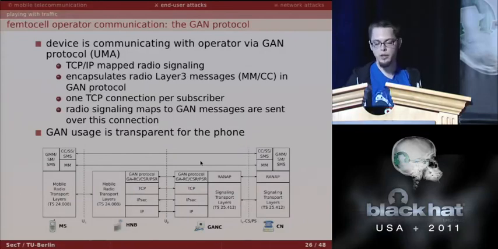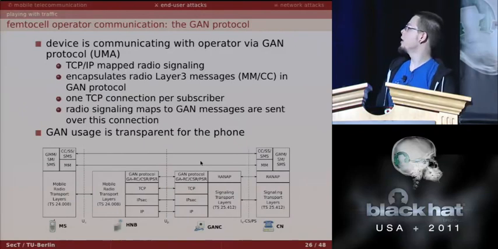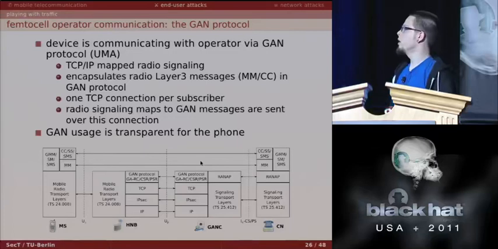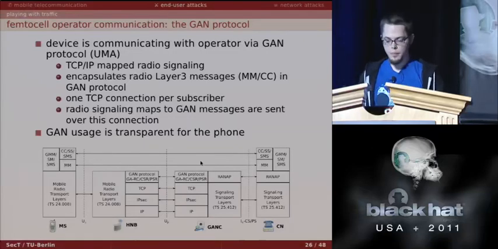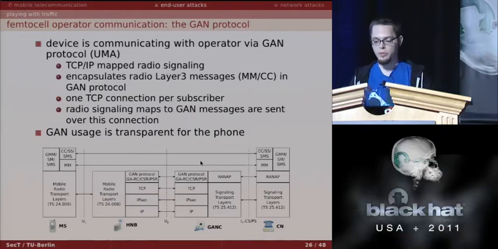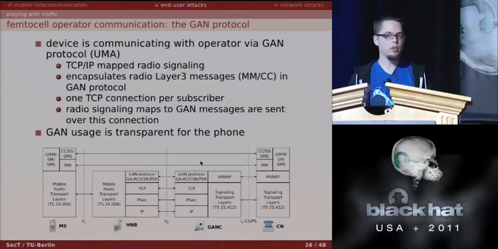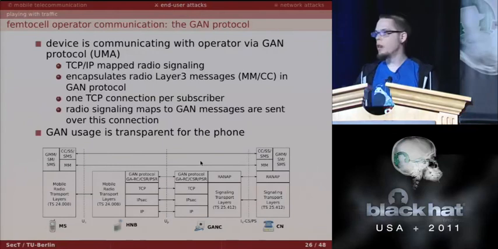What this actually does is map the radio layer 3 that you see, the mobility management, the SMS, the call control layer, to a TCP/IP-based connection. For each of the subscribers using the cell, you have one of these TCP connections. Whenever the phone is doing signaling, the Femtocell generates GAN messages and encapsulates this signaling.